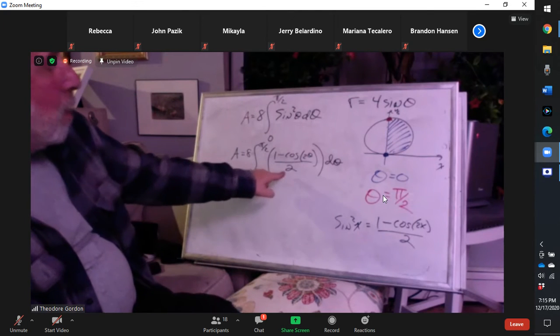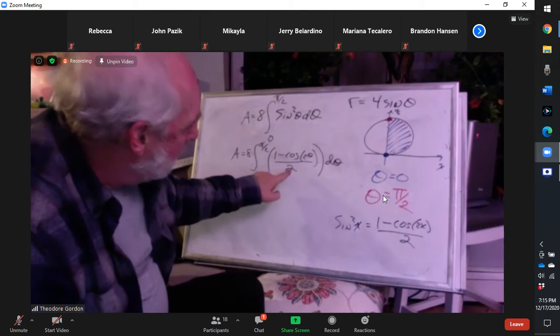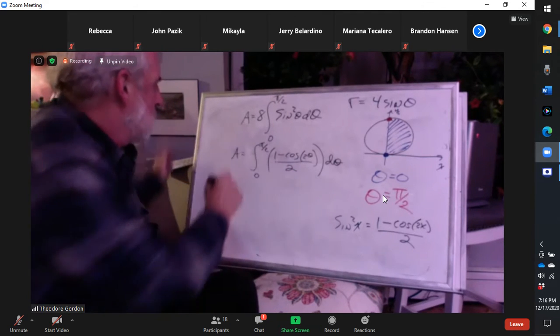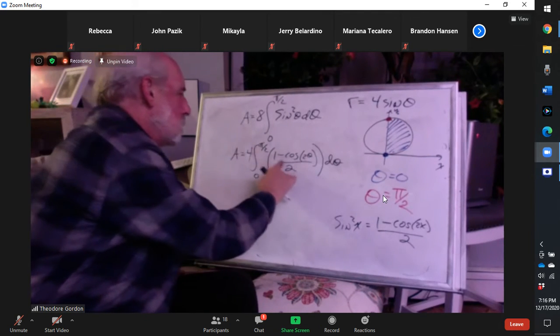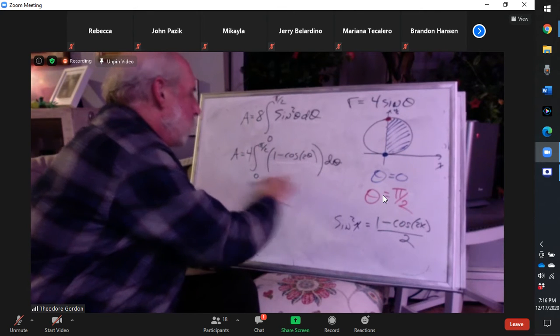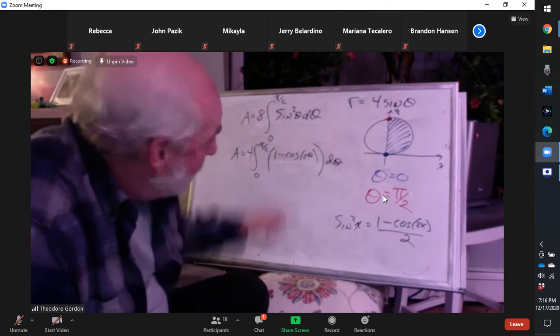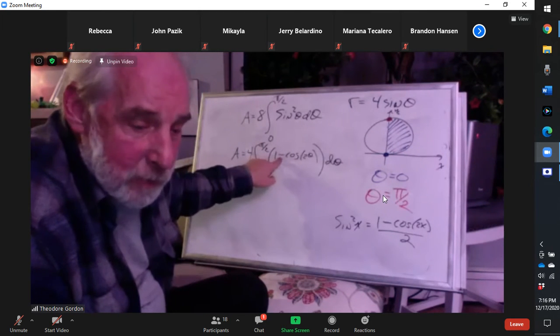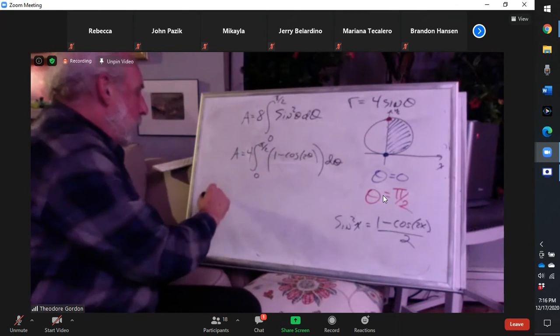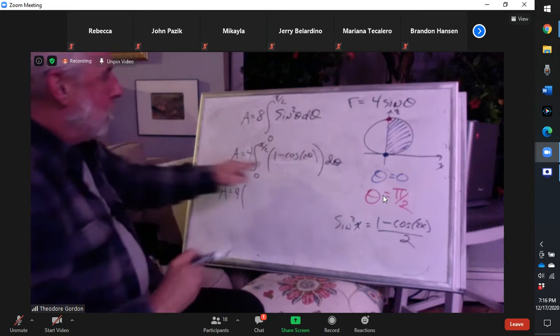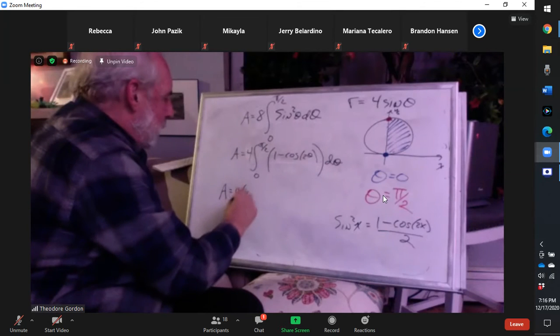Okay, now this 2 is a constant. I can pull this 2 out. 8 divided by 2 is 4. And that leaves me with this. Same as last time, except this is not a positive, this one's a negative. So our area becomes 4 times the integral of 1 d theta is theta.